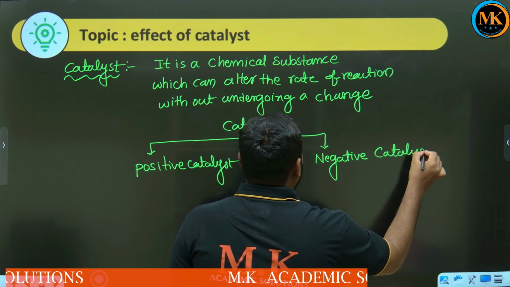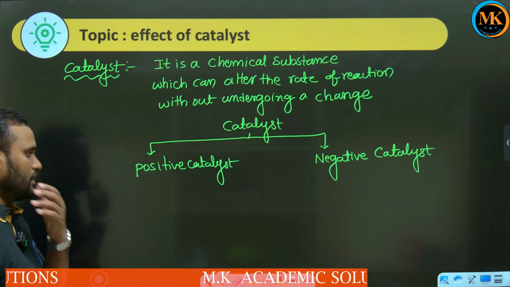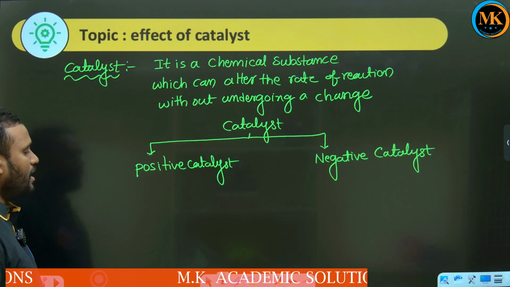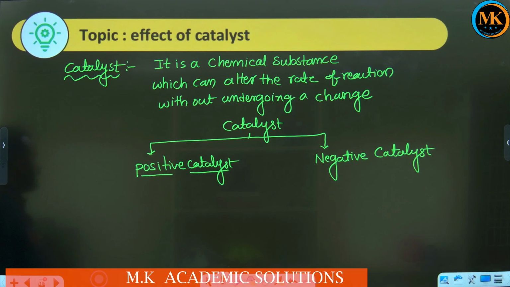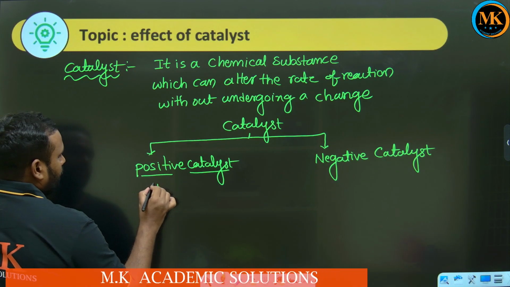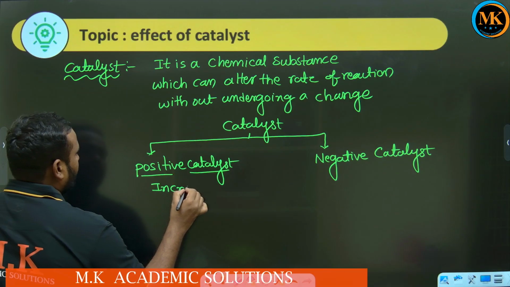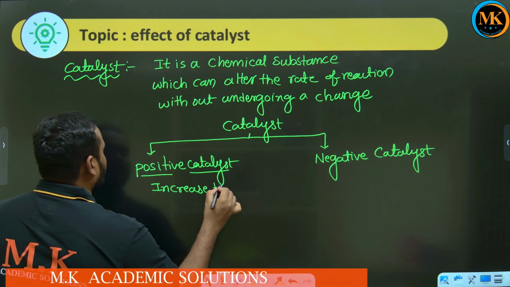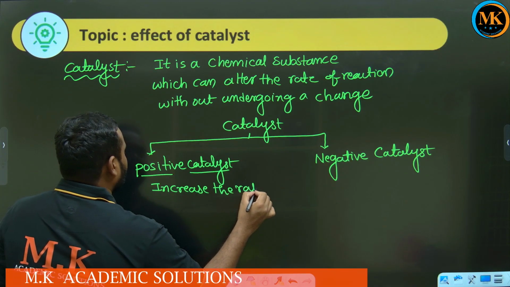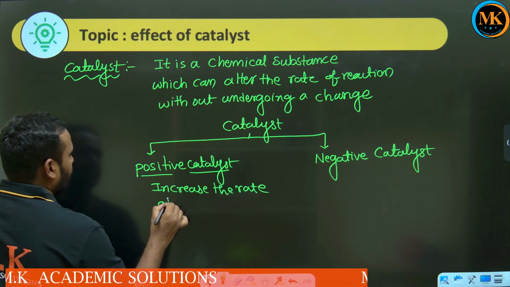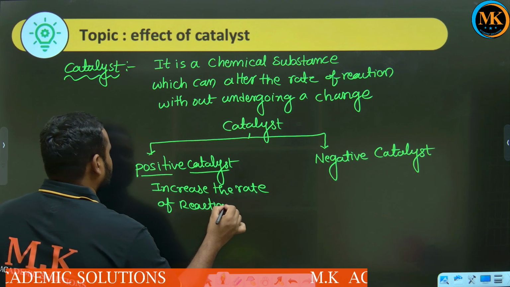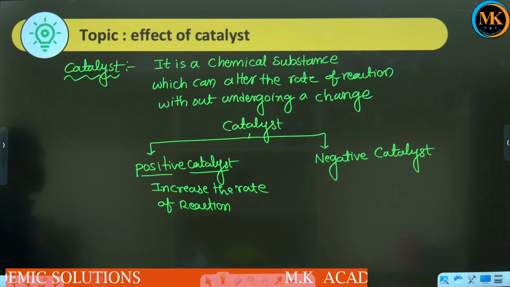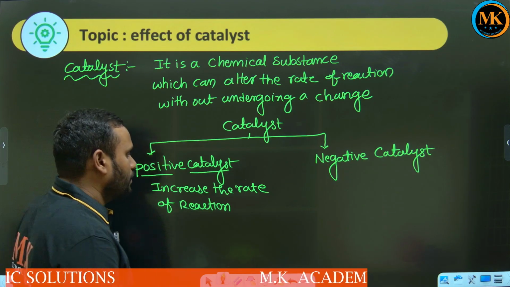What is a positive catalyst? A positive catalyst increases the rate of reaction. The catalyst which increases the rate of reaction is called a positive catalyst.